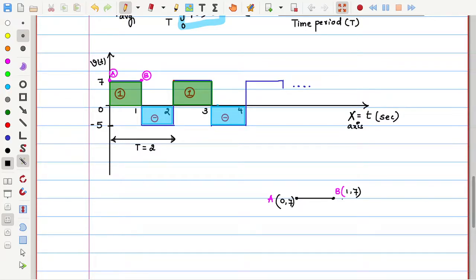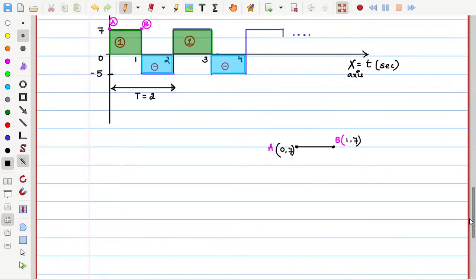Now, can you find this corresponding line equation? We have a line with 2 points, so can we find the line equation? What is the line equation usually? If I consider (x1, y1) and (x2, y2), then y minus y1 is equal to slope m times (x minus x1).